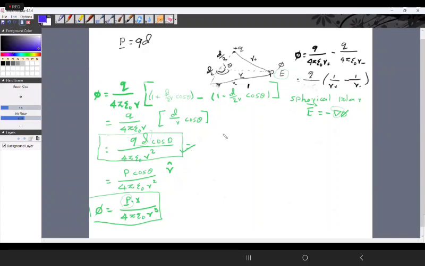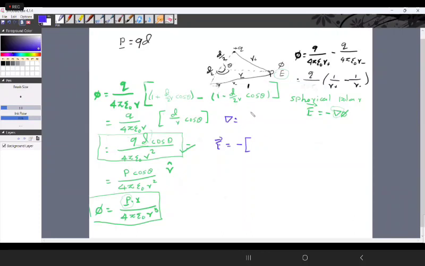Okay, let's write here. The electric field E is equal to minus del phi. Before we find it, we need to know the meaning of del in spherical polar coordinates.